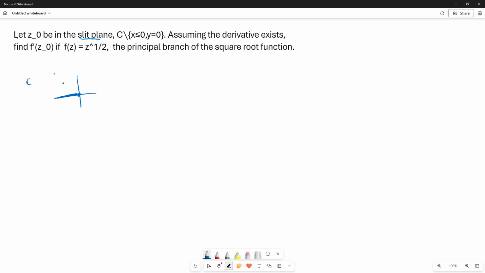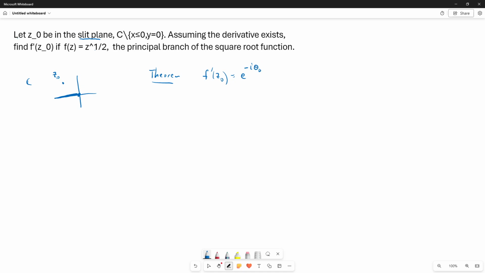So we take a point z0 in the slit plane, and we want to find f prime of z0. And the theorem that we're going to use says that f prime of z0 is equal to e to the minus i theta 0.